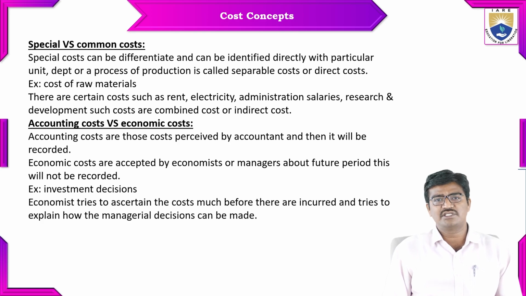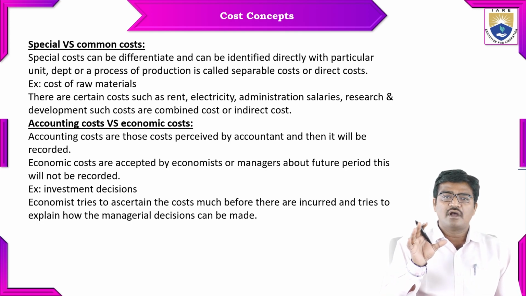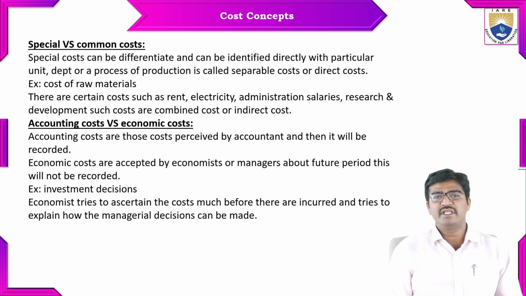For example, you have purchased raw material, and after the purchase of raw material, you note down the amount of purchase, and in the same way you note down the amount of salaries after making the payment and transportation charges after making the payment. So all these things are recorded after making the payment. Means when you have met with an expenditure, then you record it. This is called accounting costs.